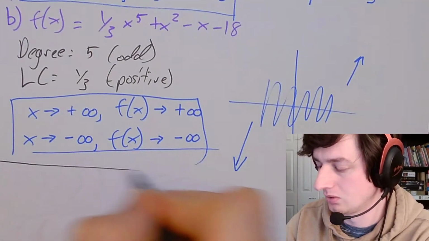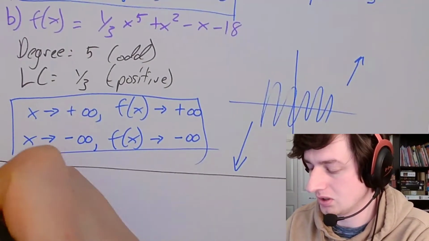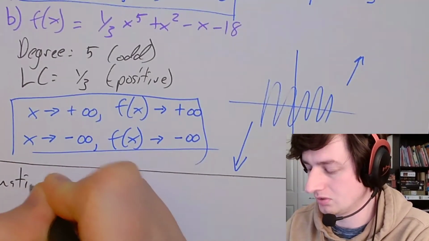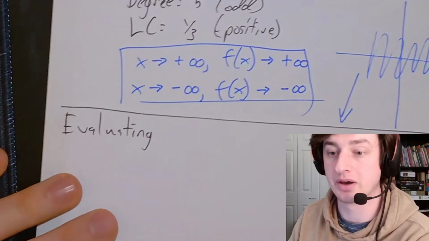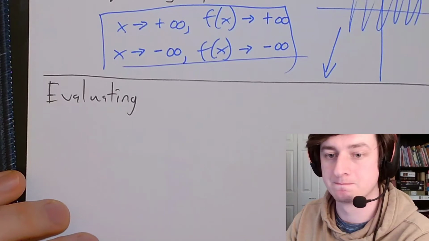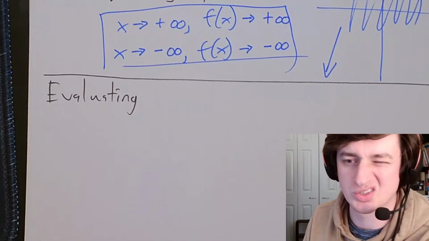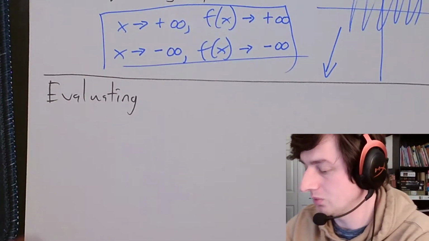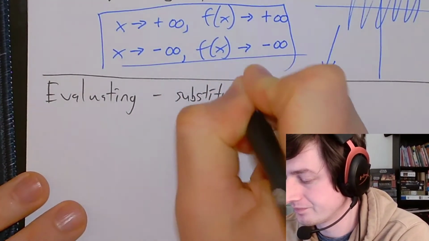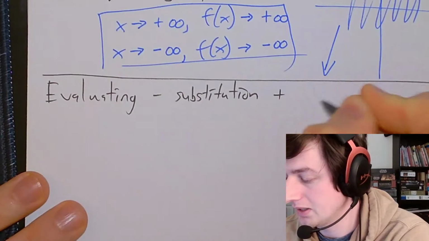So now we're going to talk about evaluating. This is like the warm-up problem we did. Just a pre-check. Evaluating is substitution and simplifying.